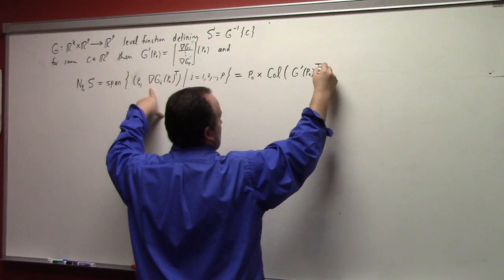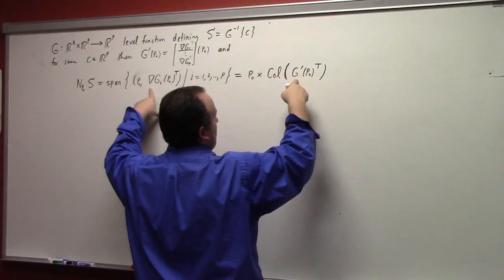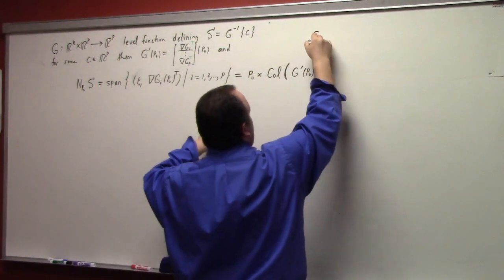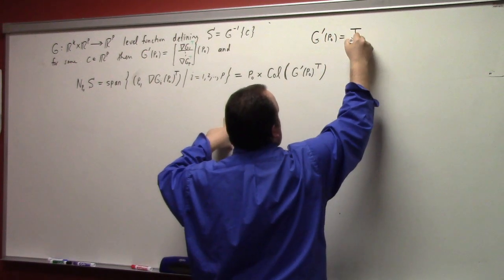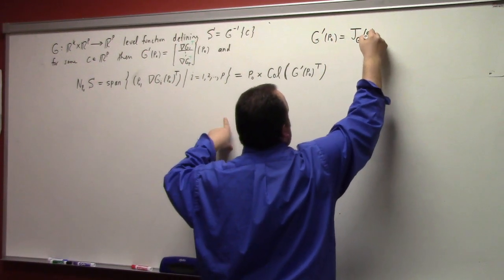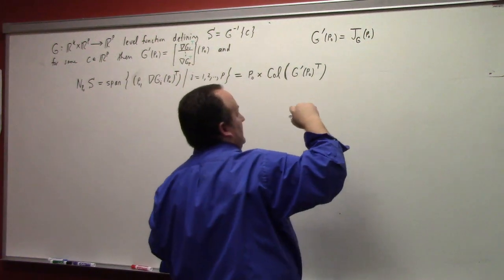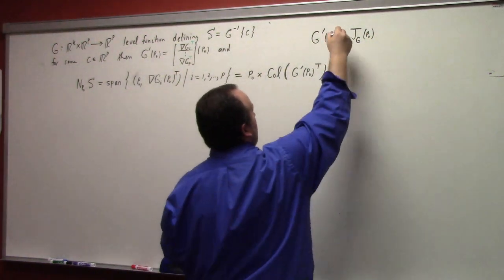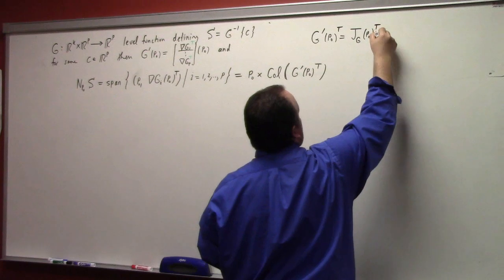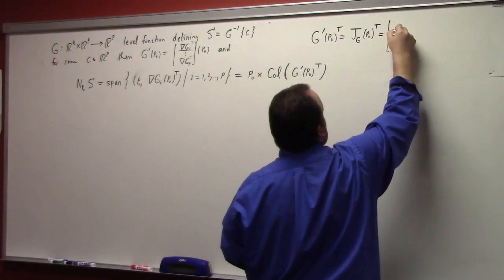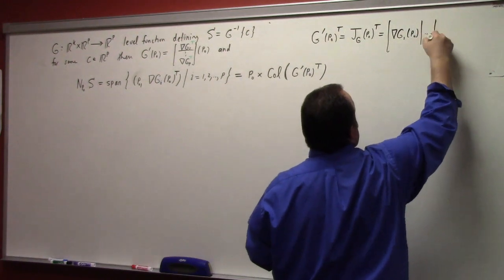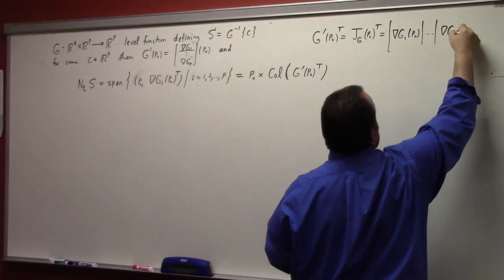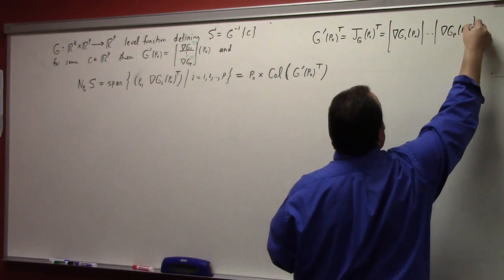Because here G prime is the Jacobian of G at P naught, so if you transpose it, you've literally got gradient of G1 at P naught through gradient of Gp at P naught as your columns.